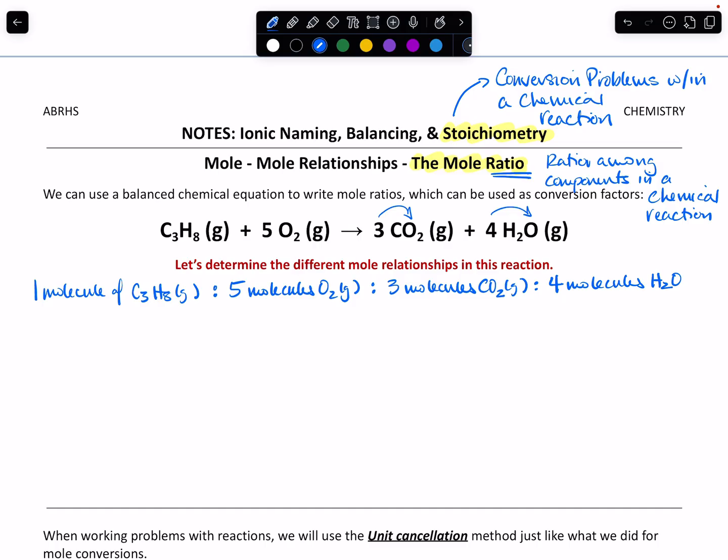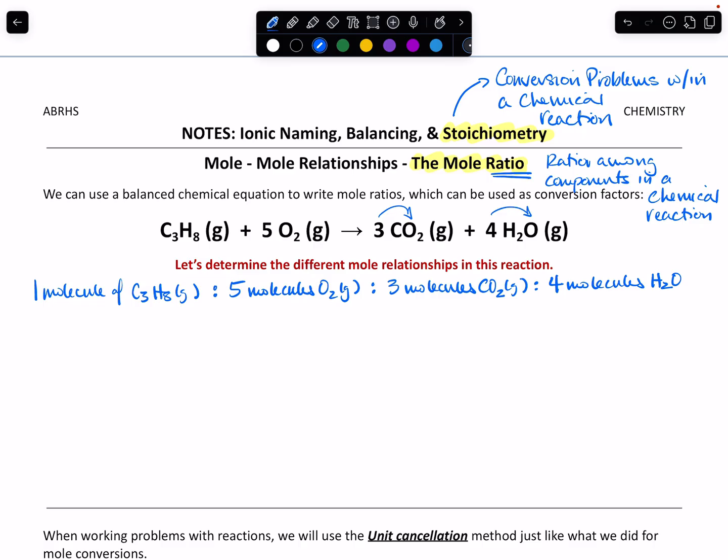So that's what the coefficients tell us. It's like the amount of the ingredient that we need for our particular recipe. It's the amount of reactants that we need for a full reaction to produce a particular amount of products, which is all dictated by the balanced chemical equation and the law of conservation of mass.